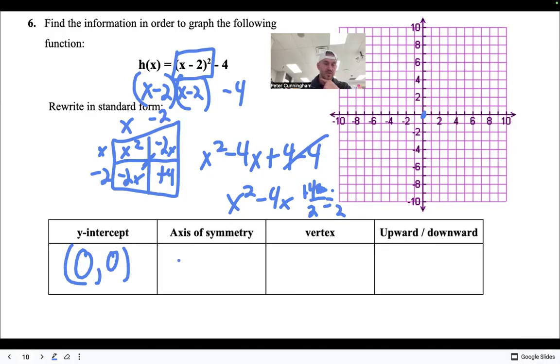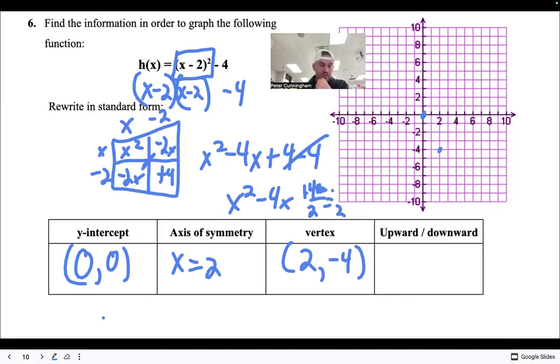So my axis of symmetry is at x equals 2. Plug that into your equation, and that'll give you a vertex of 2, negative 4, 2, negative 1, 2, 3, 4.